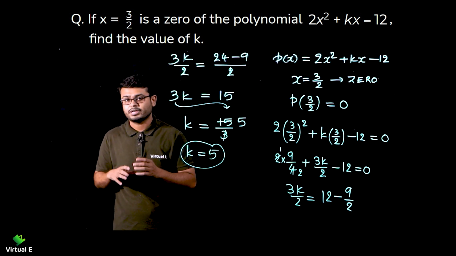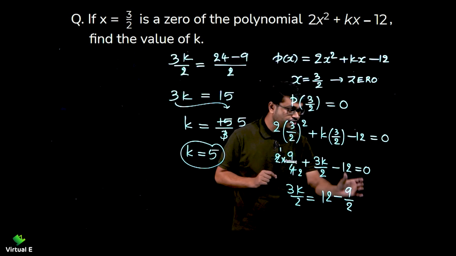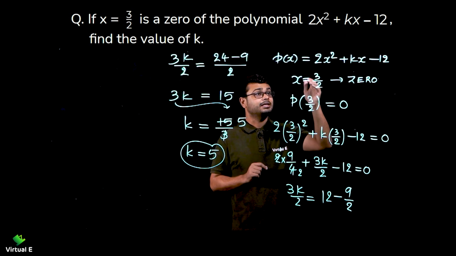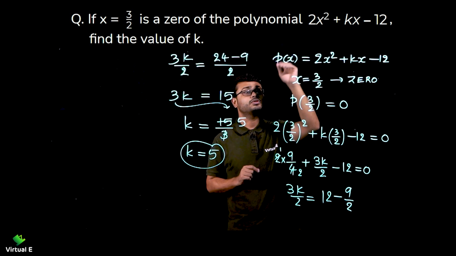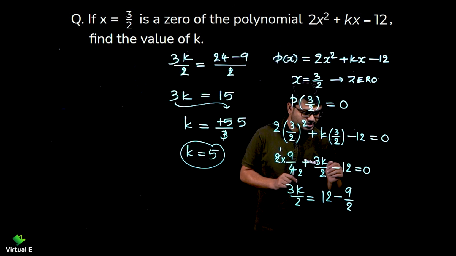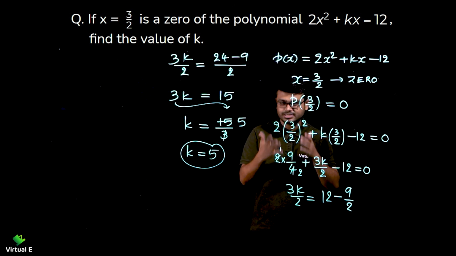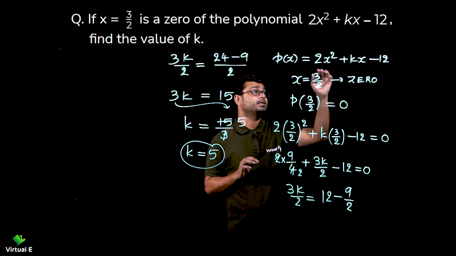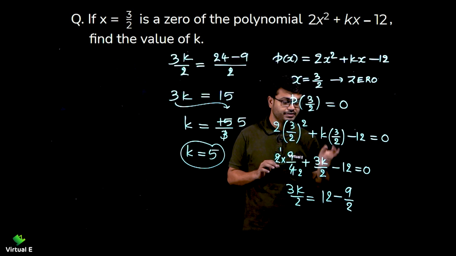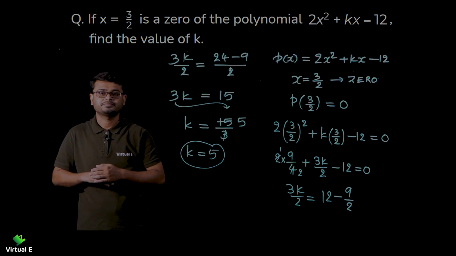So how will you solve it, right? Remember, most important part, on one side you need to keep 0, because it is given that x is equal to 3 by 2 is a zero, and when you substitute a zero into the polynomial you get the answer 0. So substitute 0 as the RHS or LHS, it will work out. On any side it should be 0 and on the other side it should be the polynomial with the value. Simplify and get the value of k.